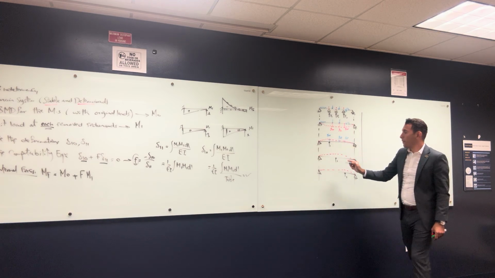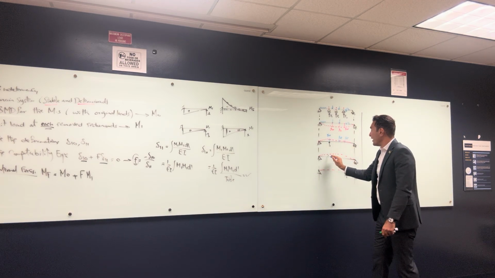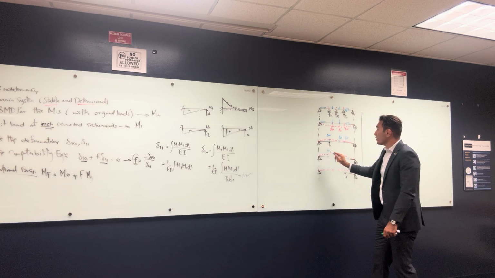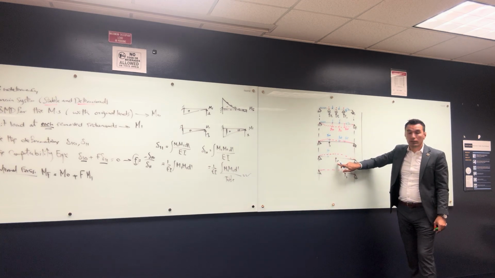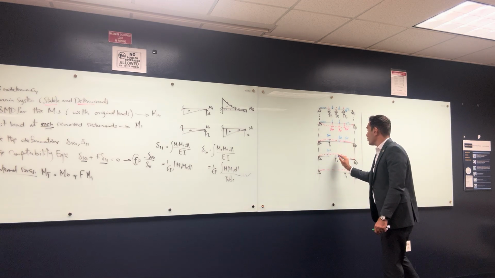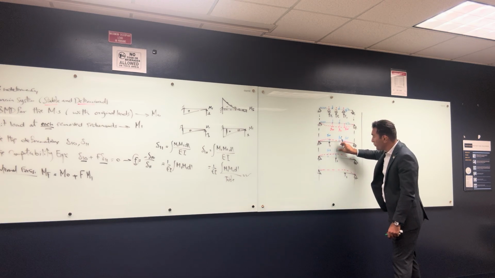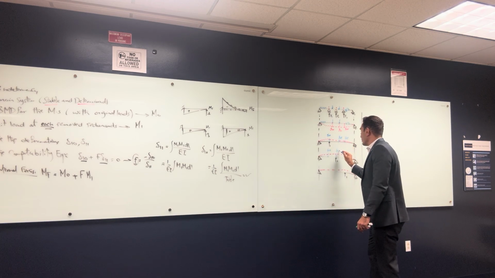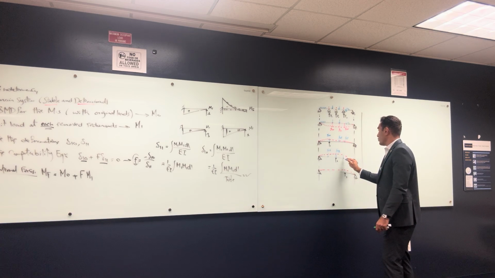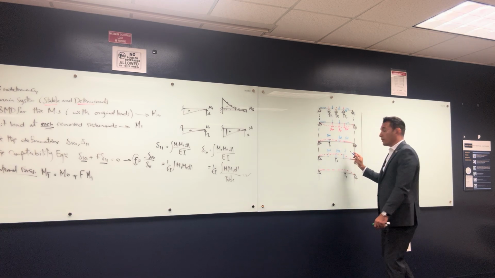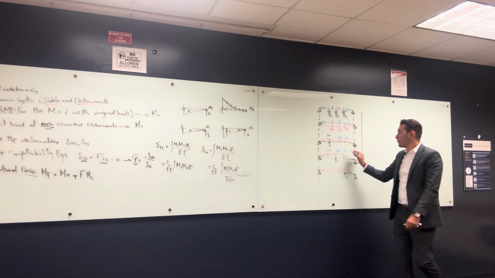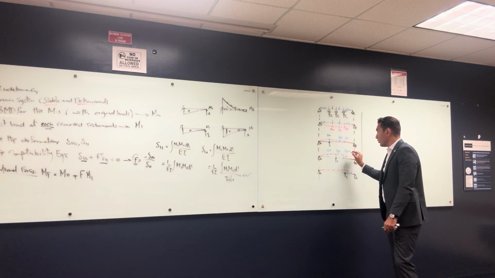Let's come here. Here, it's still delta 1 due to a unit load at point 2. How about this one? Delta 2. It's at point 2 due to a unit load at 2. How about this one? Delta at point 3 due to unit load at 2.